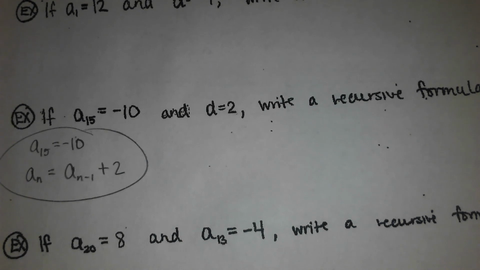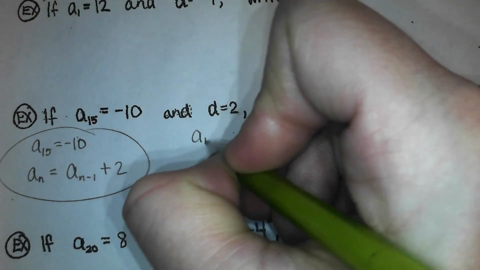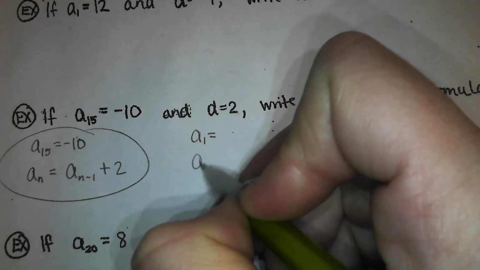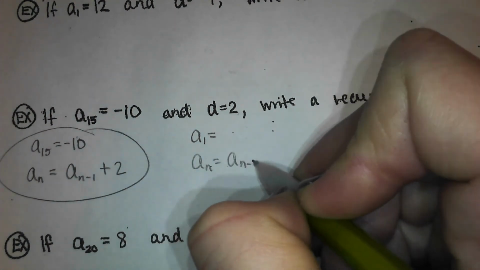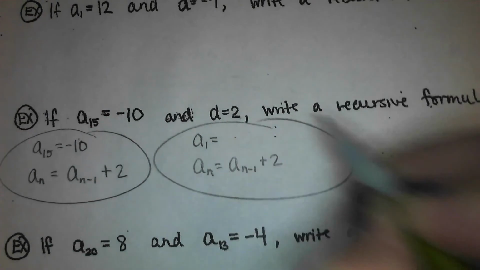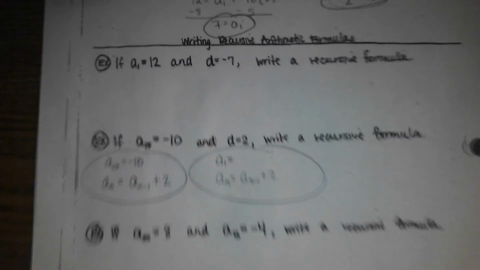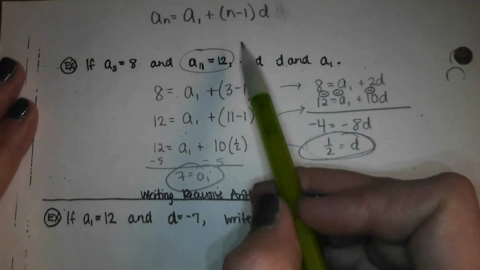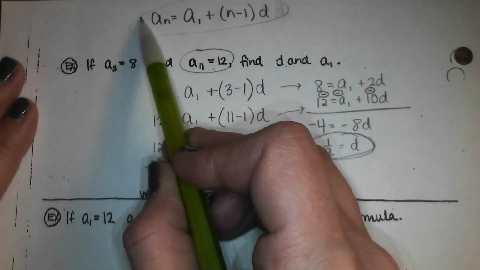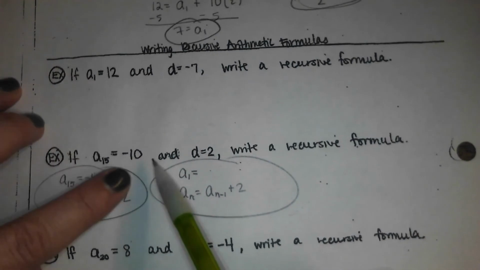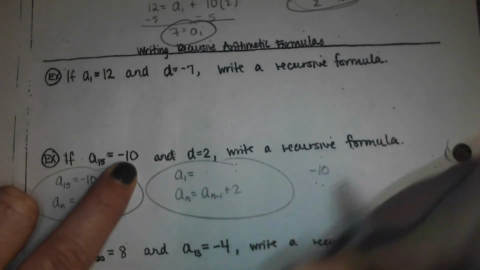I will say, though, that if this is ever a multiple choice, it's probably going to give you the first term and then tell you to take the previous term and add 2. So in order to do that, we would have to find the first term. Are you with me? You're going to find the first term by going back and using your information in this formula. So a sub n would be negative 10.